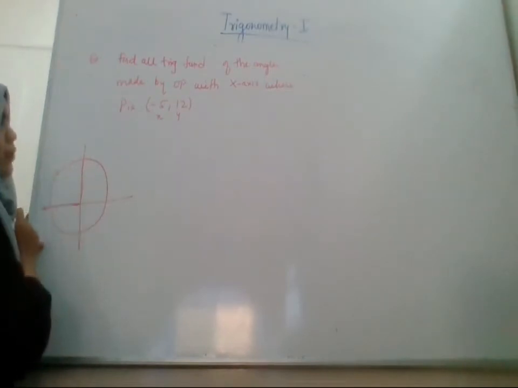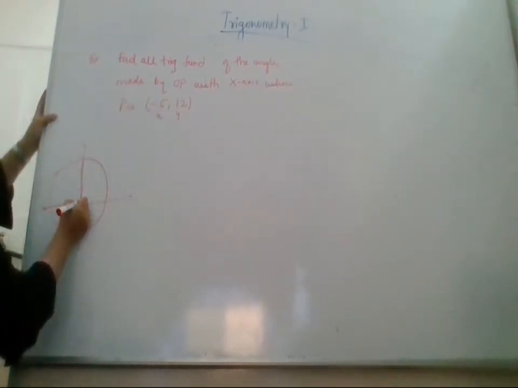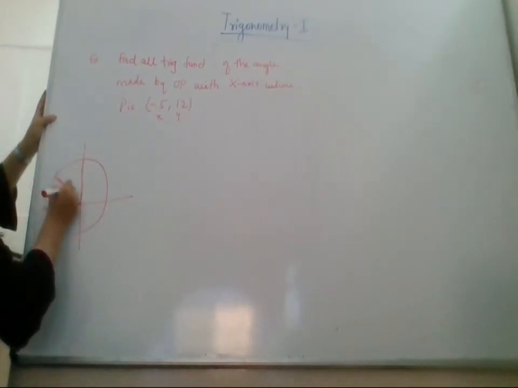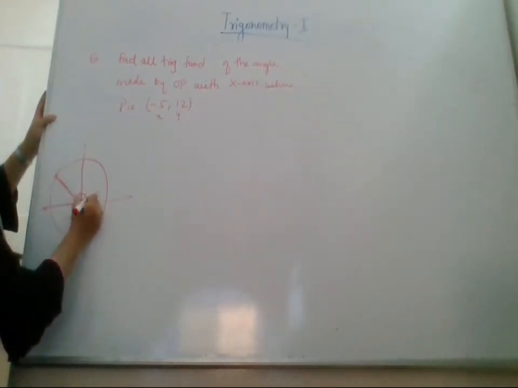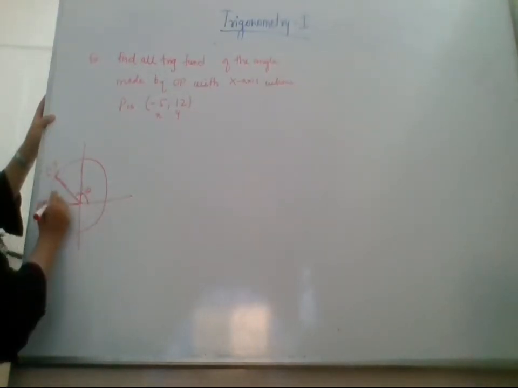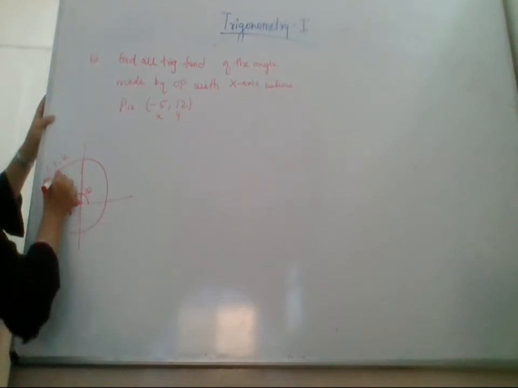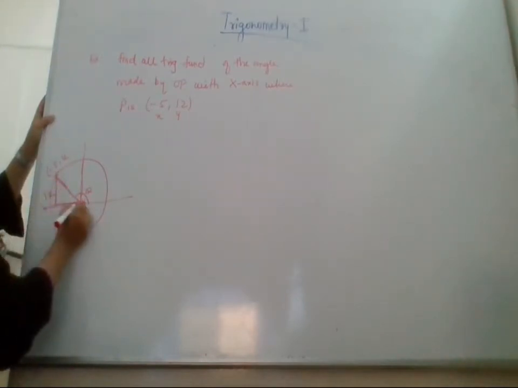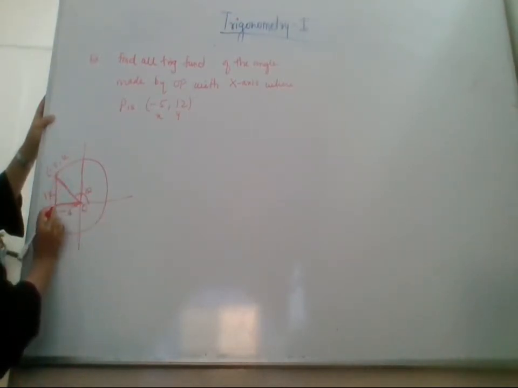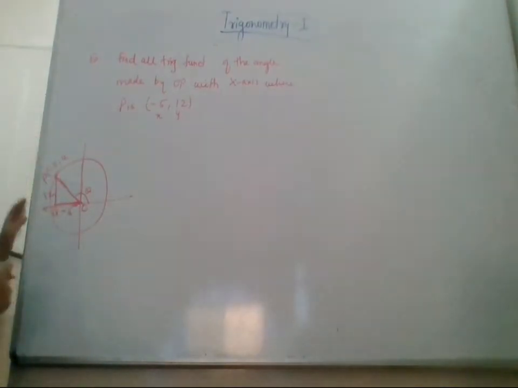So we have to find all the trigonometric ratios for the angle. This is your angle theta, and here the point is like this. X is minus 5 and y is 12. Suppose this is O, this is your Q, and this is point P.